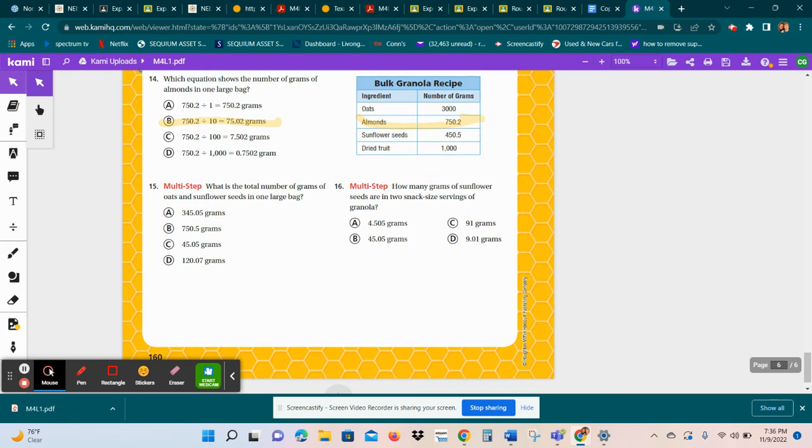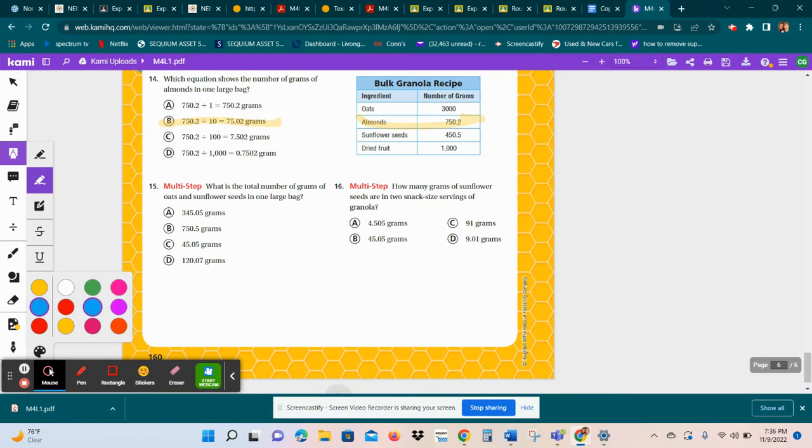Number 15, multi-step. What is the total number of grams of oats and sunflowers? I'm going to change my highlighter, move that over to the blue. I need oats and I need sunflowers, so I need to add those two together.